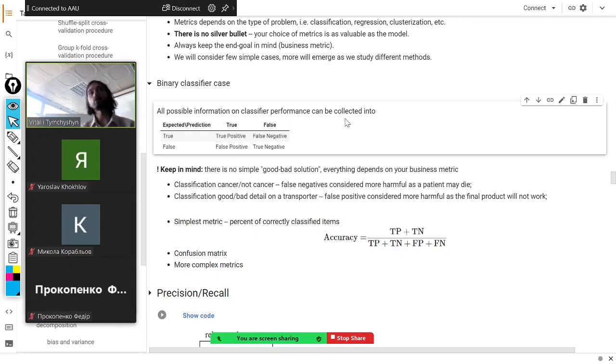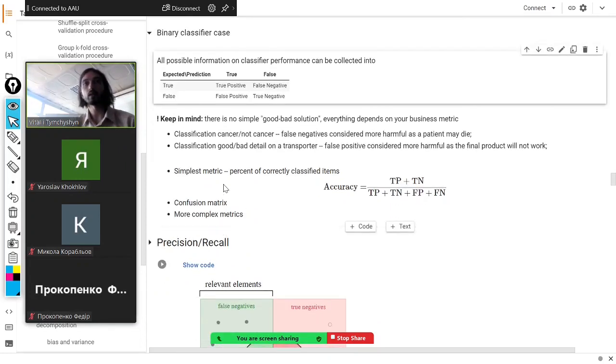I will probably ask you to draw some confusion matrices for methods we'll be learning throughout all these semesters. We'll be doing some classification, and I will ask you, okay, you're doing that method, please draw a confusion matrix, so we can look at it, just eyeball it, and check whether our method is good, not very good, and so on.